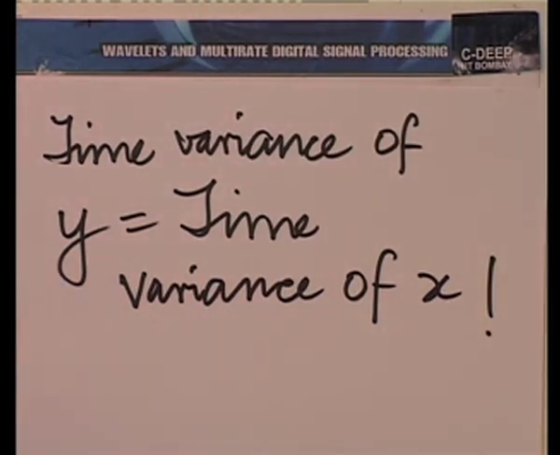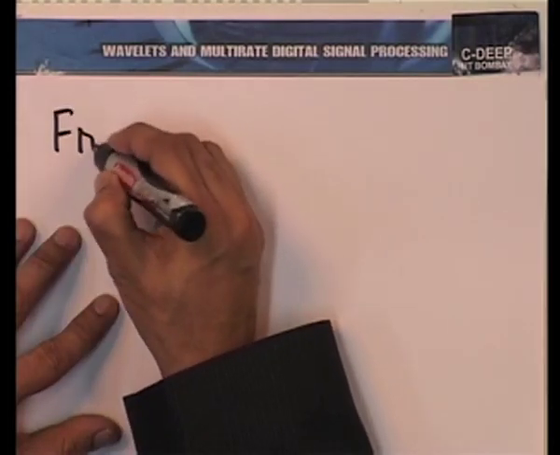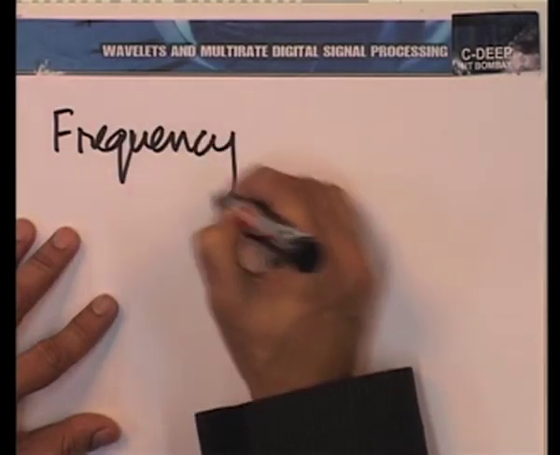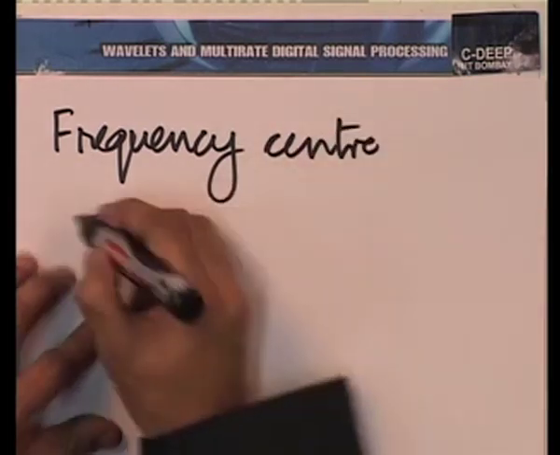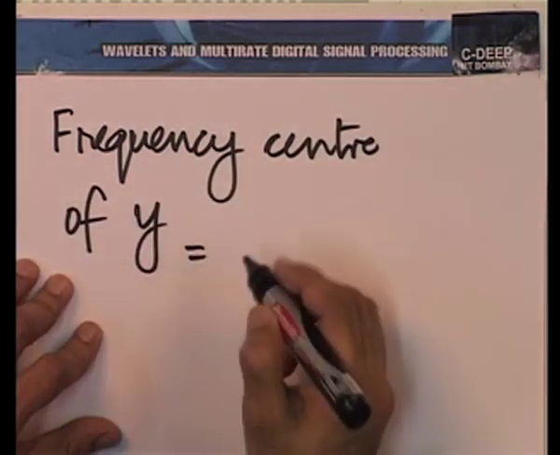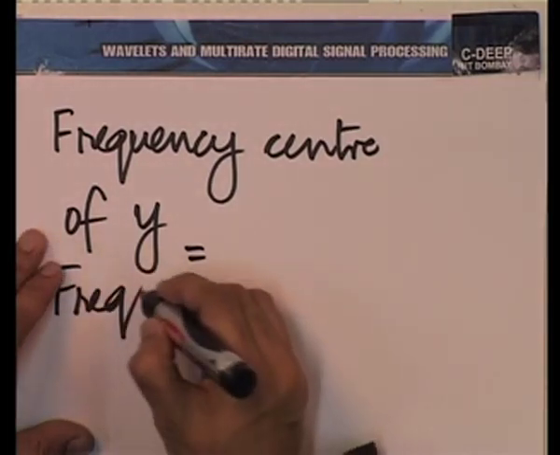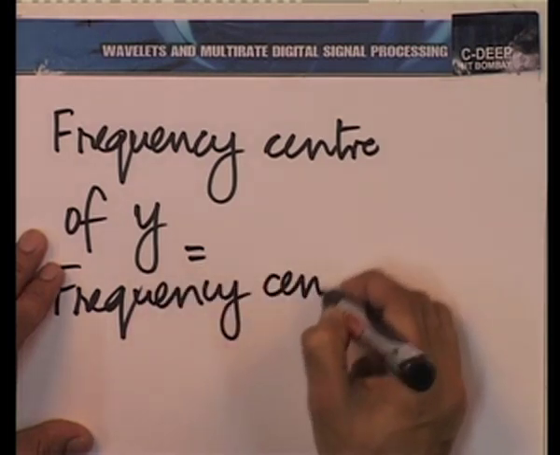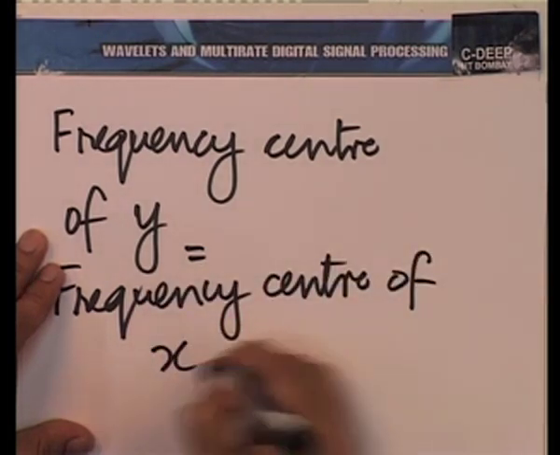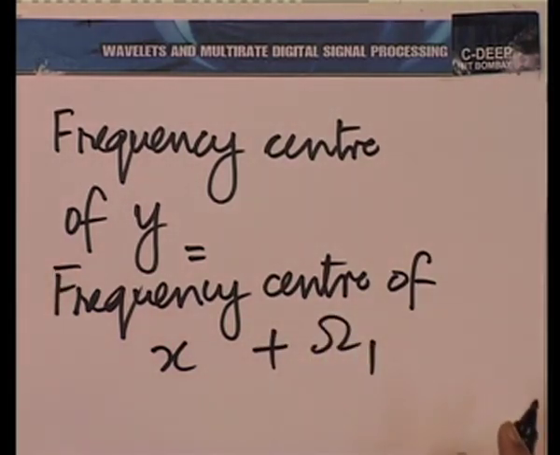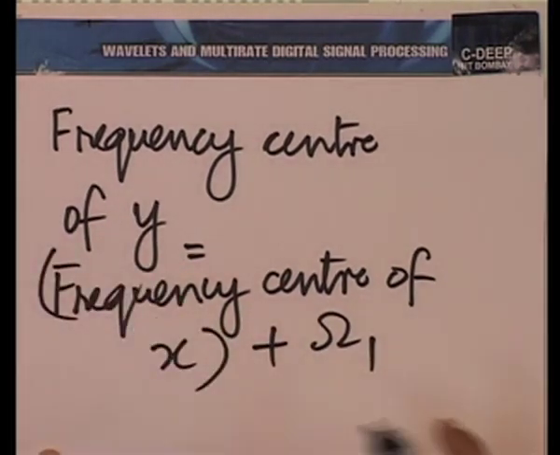What about the frequency variance and the frequency center? That goes exactly dual to what happened when we shifted in time. So, the frequency center of y is now going to be the frequency center of x plus omega1. I will put a bracket there.